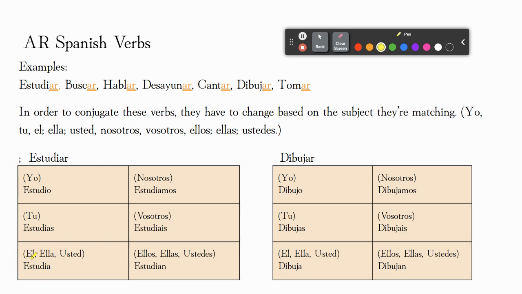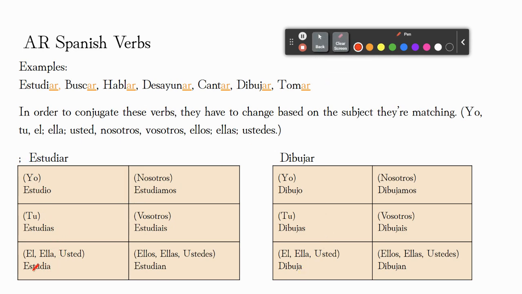And then we have the singular third-person form, which is él, ella, usted, which is he, she, and you formal. This usually has the same ending as well, ending in A. You can see these two.